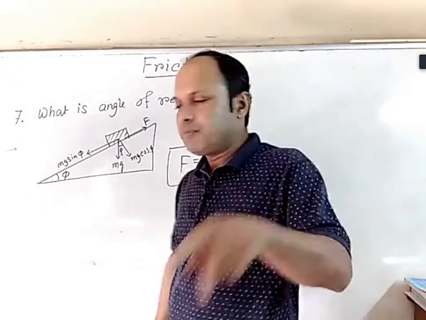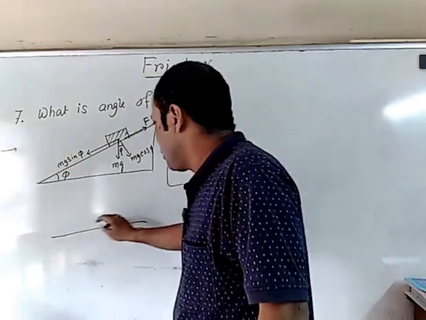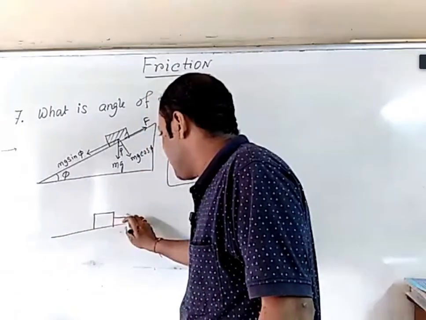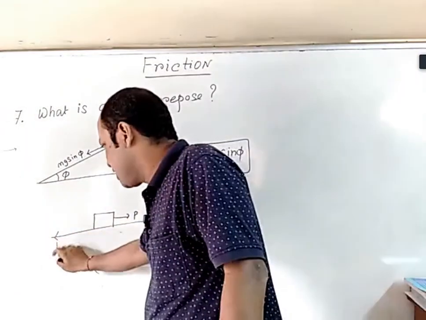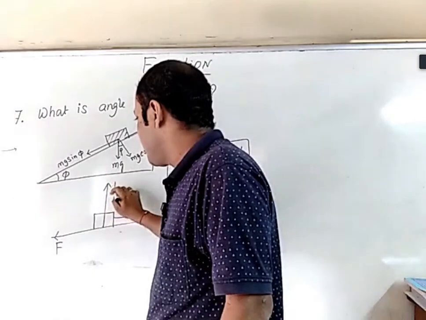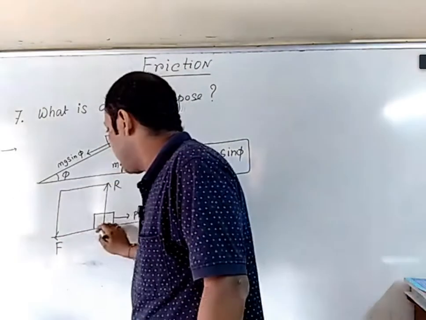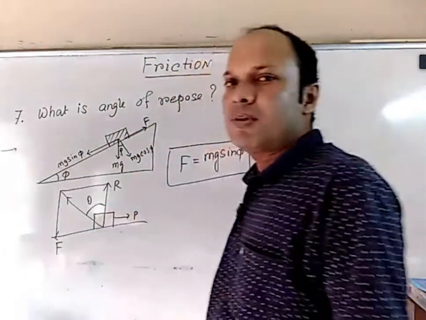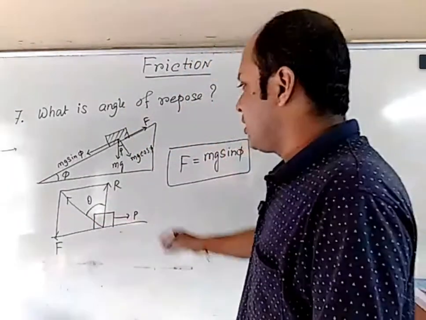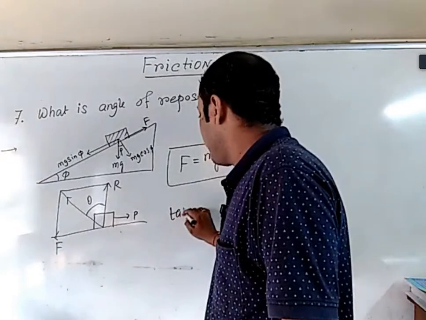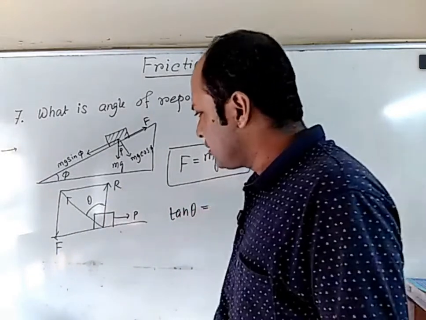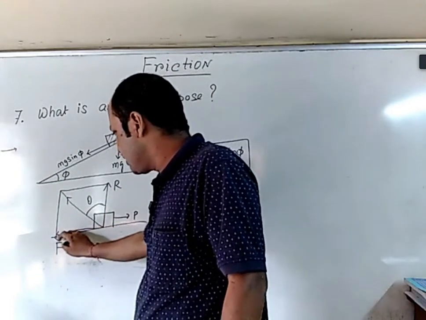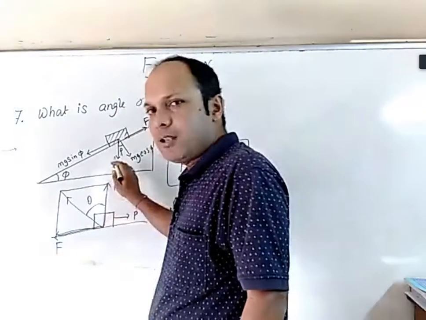Clear? And in the previous case, what we have discussed, this is the applied force, this is the frictional force, this is the normal reaction, and this is the resultant. This angle is called angle of repose. In that case, tan theta equals, this is the base, this is the normal.